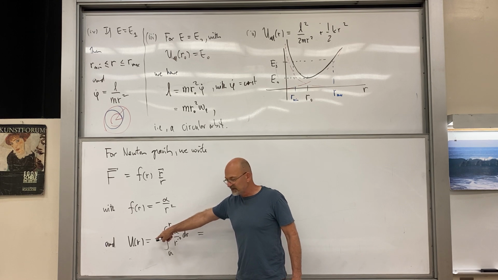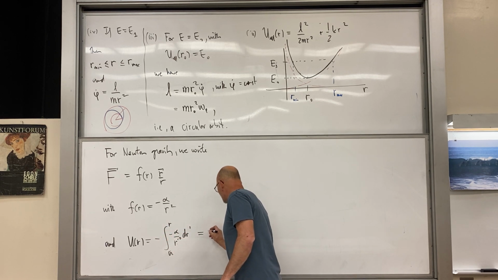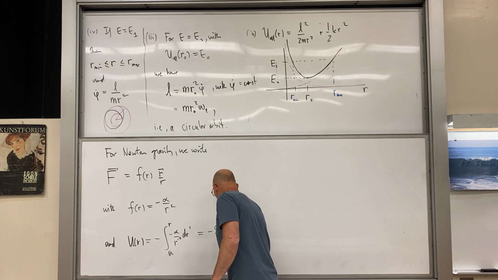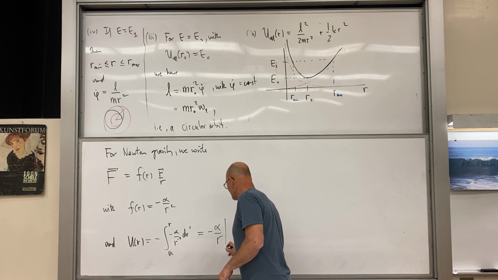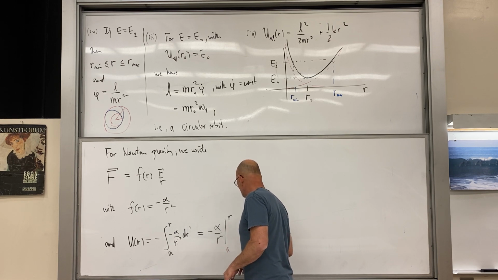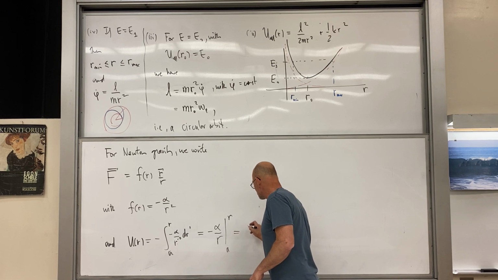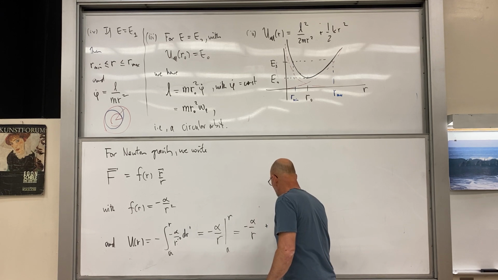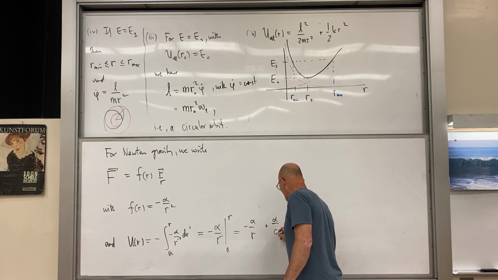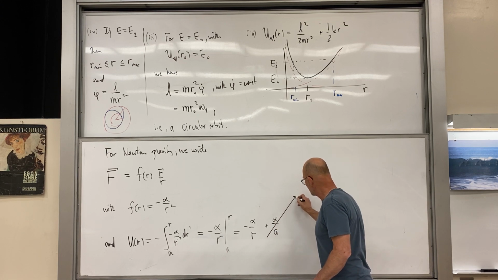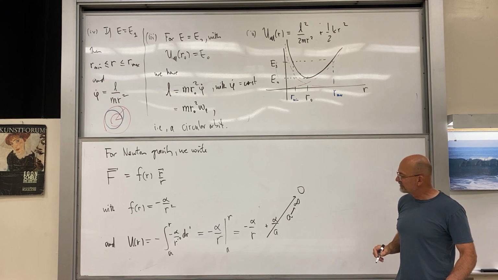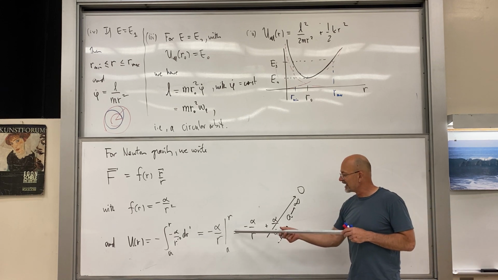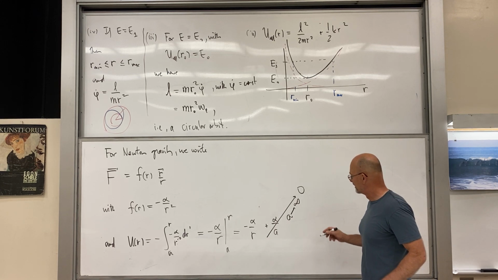Get rid of the two minus signs, and then the integral will be minus alpha over R. That's our potential energy evaluated from A to R. And what we do is, and this is the convention, minus alpha over R plus alpha over A, but this goes to 0 as we send A out to infinity. So the convention is that the potential energy vanishes out at infinity.